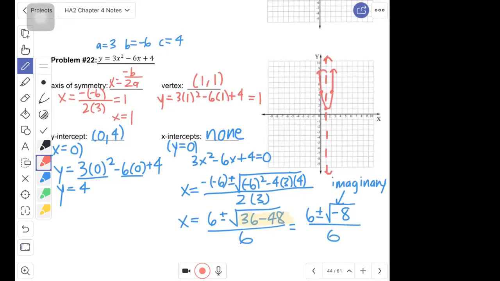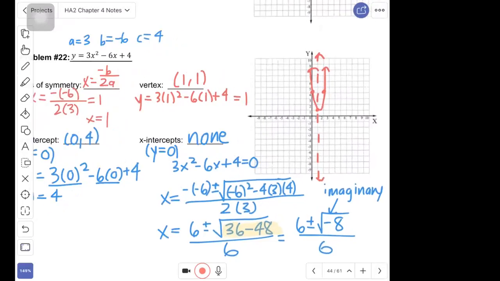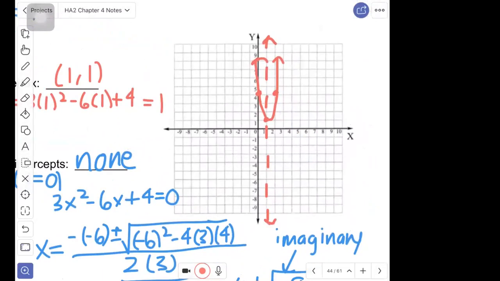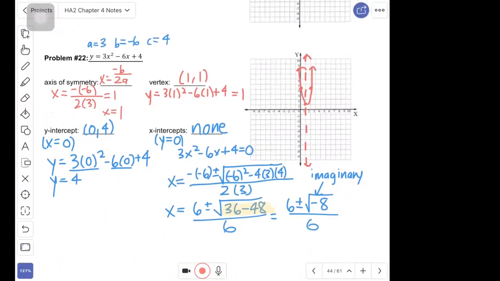And here you can see our graph isn't going to cross the x-axis. That's why we have no x-intercepts. So when you have none as the x-intercepts, your graph better not go through that x-axis. Questions on this one?